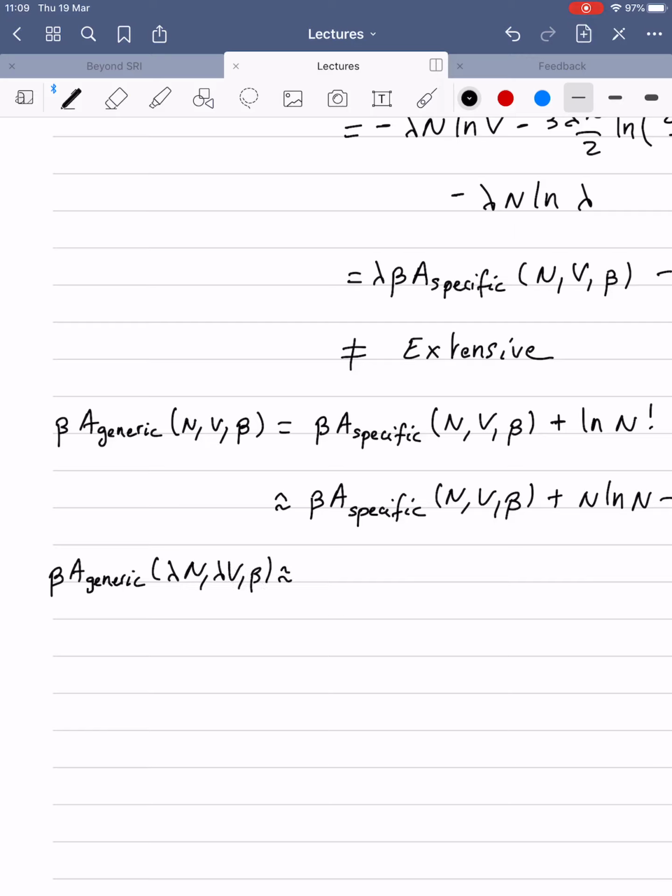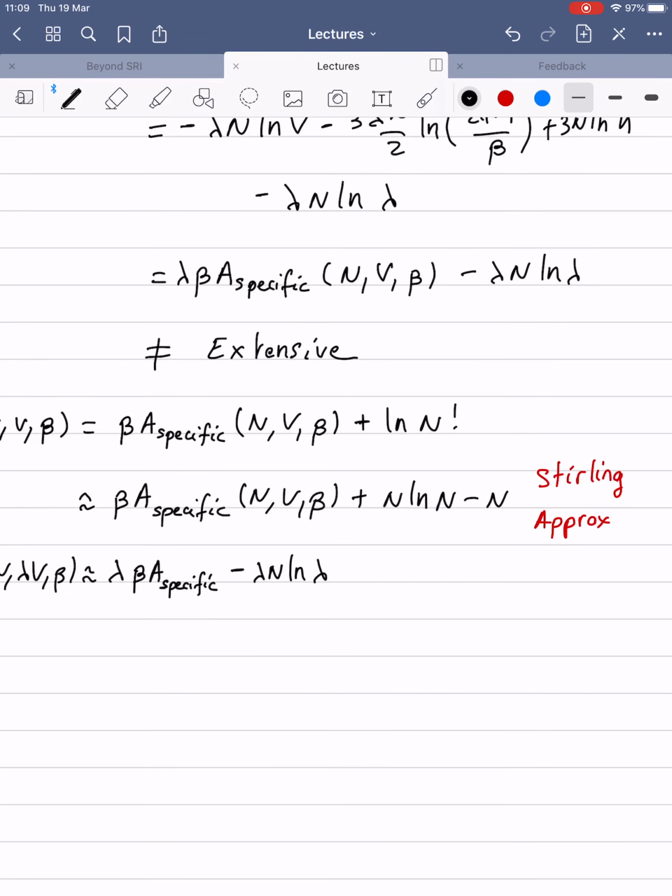So that would be approximately, and I know that from before, lambda beta A specific. Then I've got this extra term minus lambda n log of lambda, and then plus lambda n log of lambda plus lambda n log of n, and then minus lambda n.